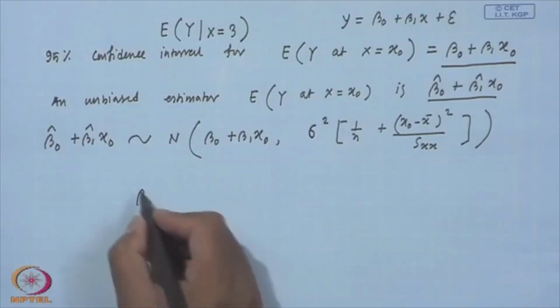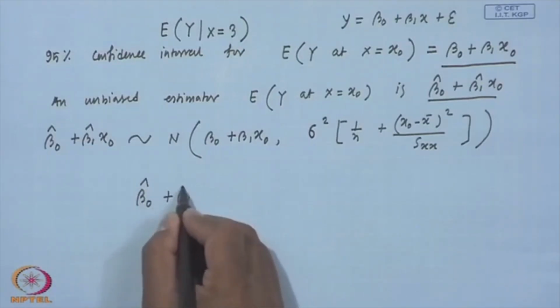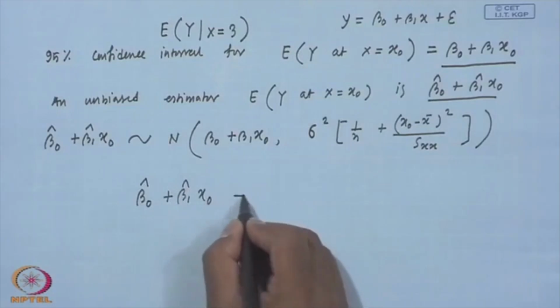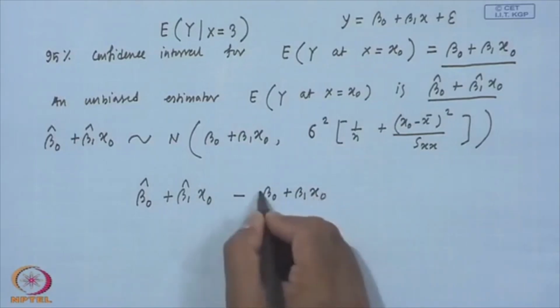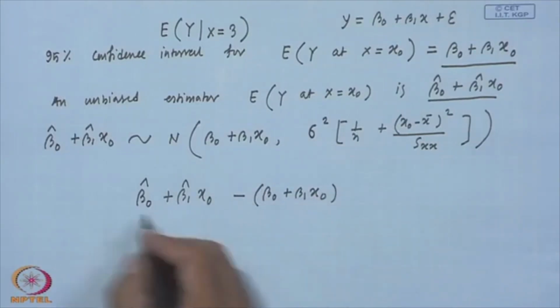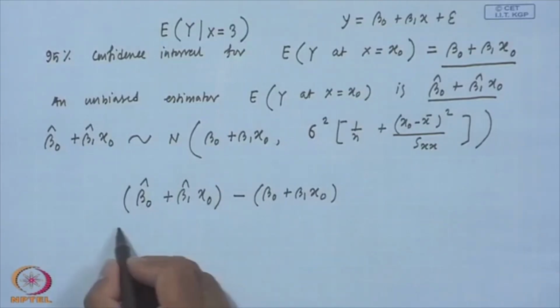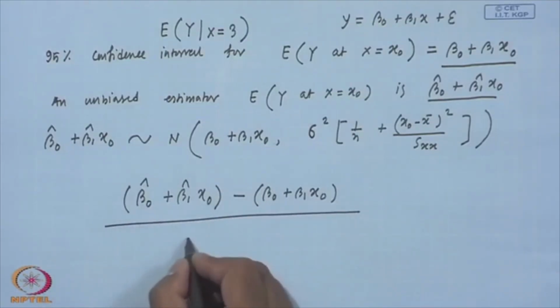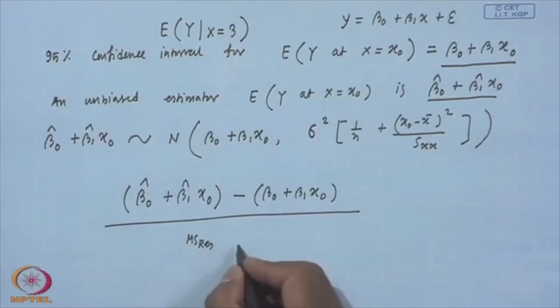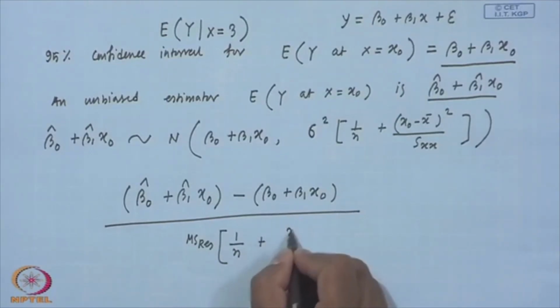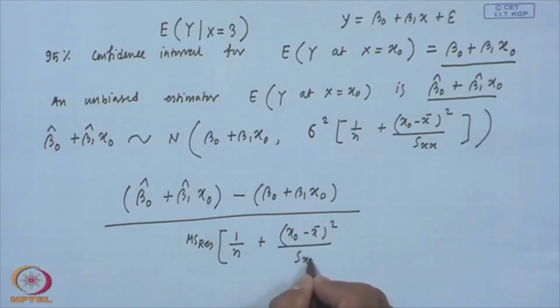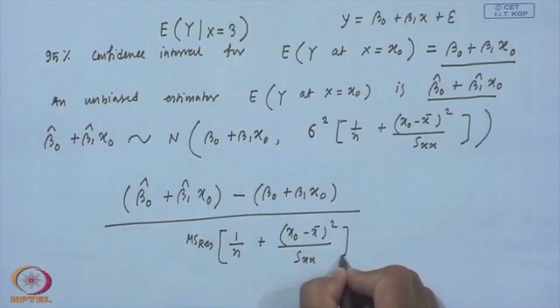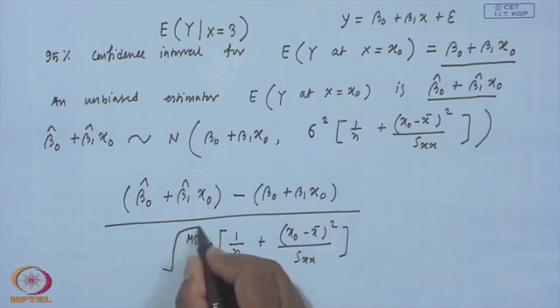Beta naught hat plus beta 1 hat x naught minus the mean beta naught plus beta 1 x naught, and we are looking for a confidence interval for this one, divided by the square root of MS residual times 1 by n plus x naught minus x bar whole square by S_xx.